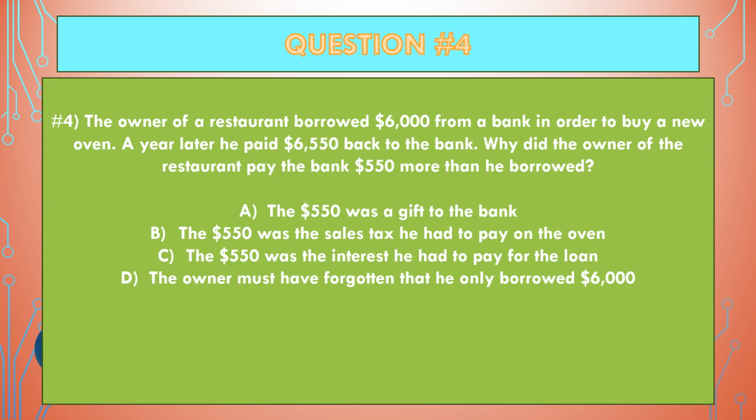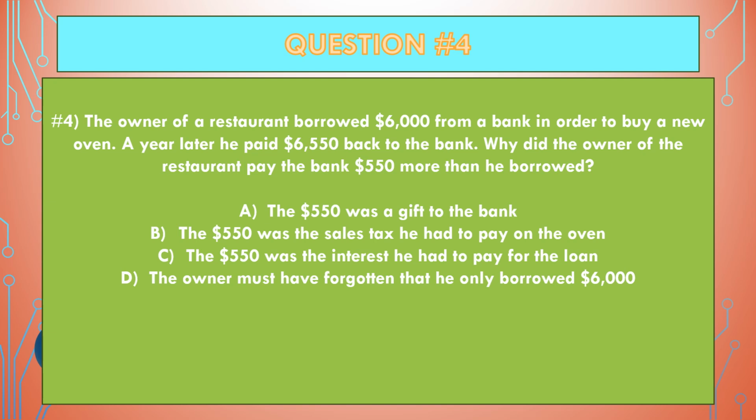Question number 4 says, the owner of a restaurant borrowed $6,000 from a bank in order to buy a new oven. A year later, he paid $6,550 back to the bank. Why did the owner of the restaurant pay the bank $550 more than he borrowed? A says the $550 was a gift to the bank.